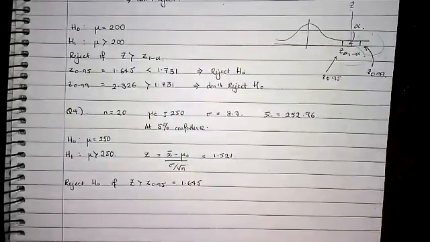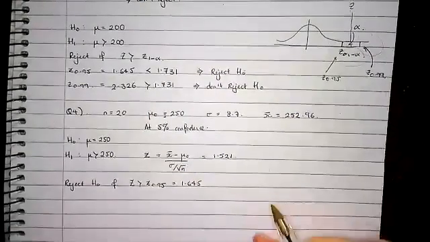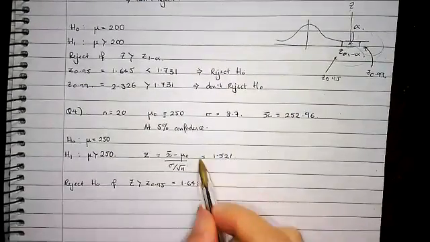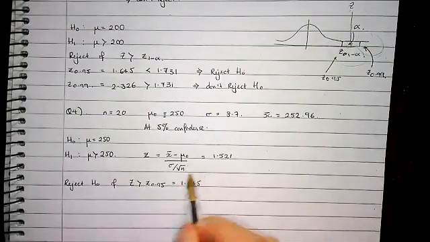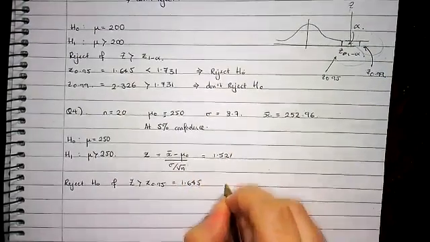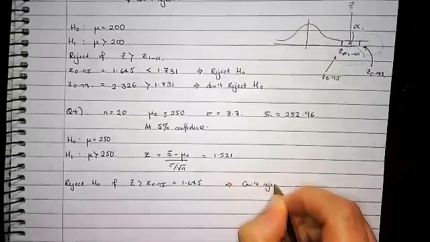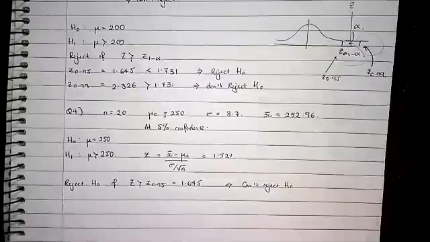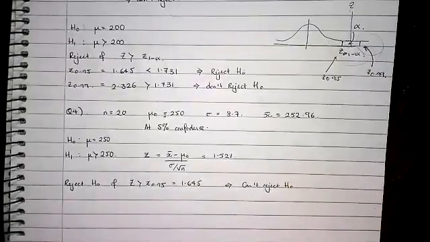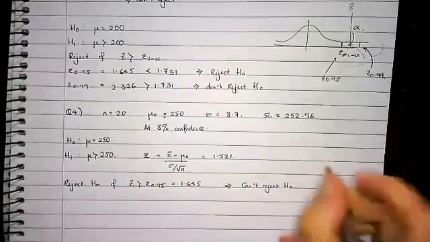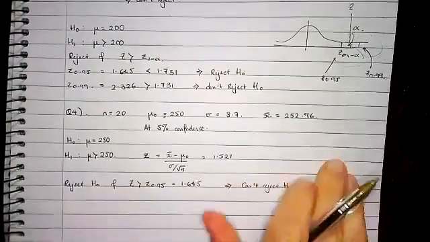All right, so we can see this is not true. Our value of Z is smaller than the threshold amount. So we've not got enough evidence to reject H0 in favour of H1.